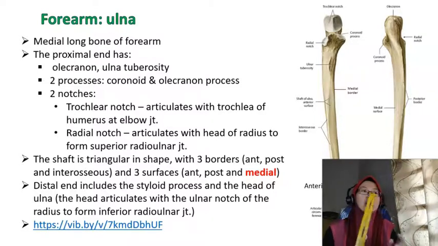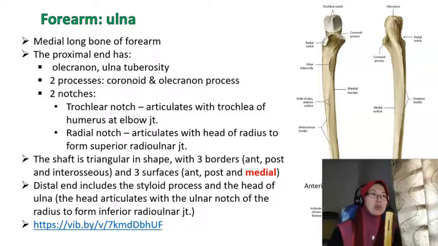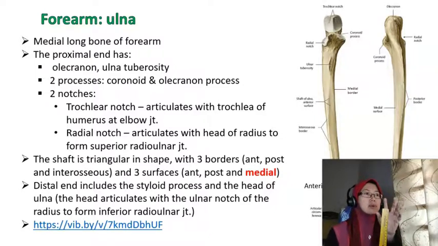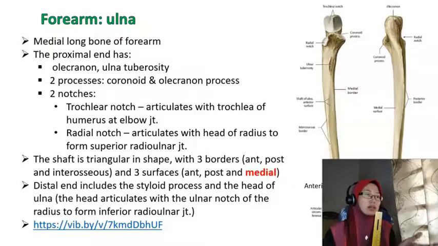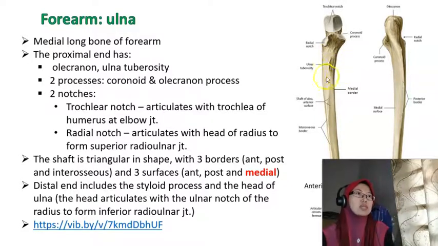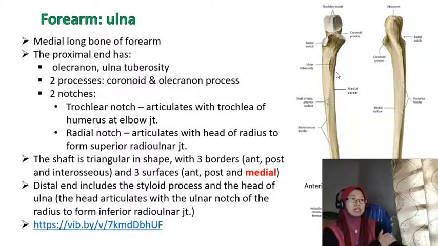Okay. Now we proceed to the second bone of forearm, which is ulna. Ulna is also a long bone of forearm. The proximal end has olecranon and ulnar tuberosity. Like radius, it got radial tuberosity, and ulna also got ulnar tuberosity. As you can see here, ulnar tuberosity is the insertion area for part of brachialis muscle.